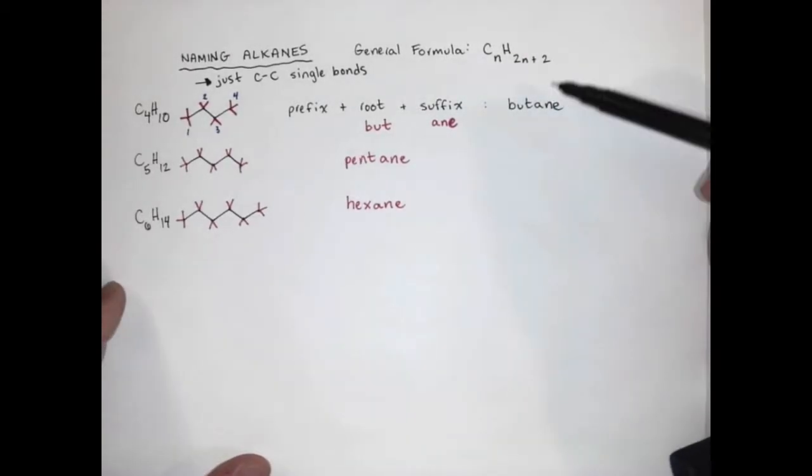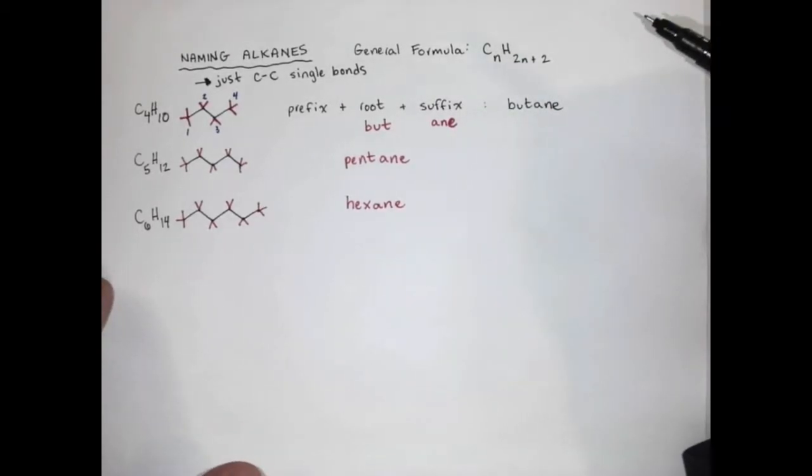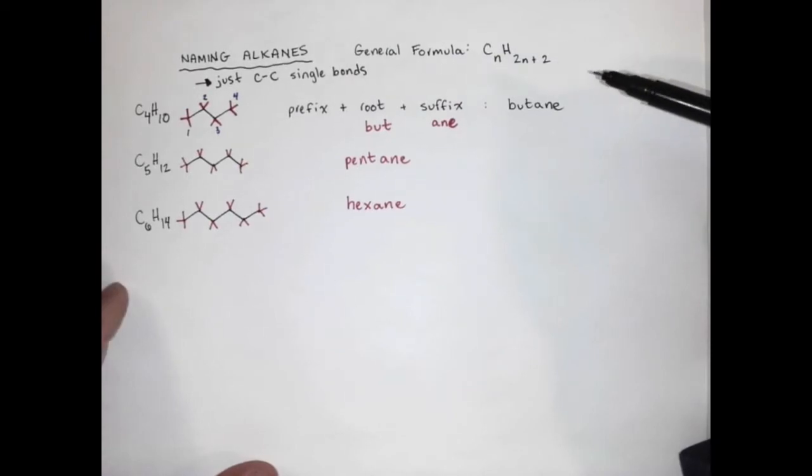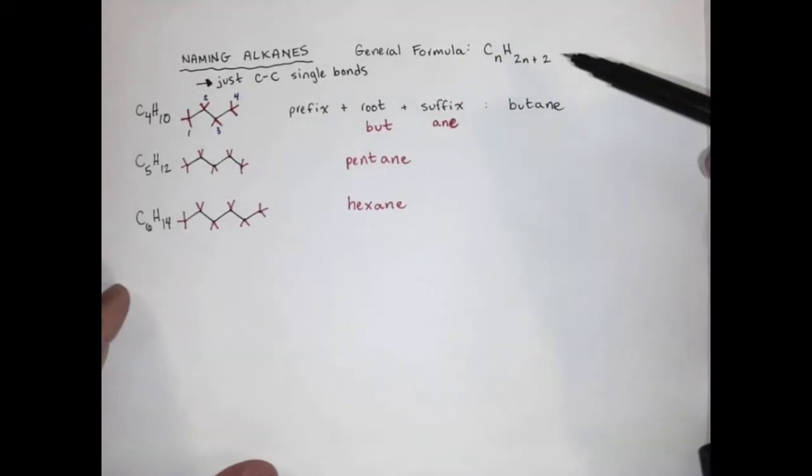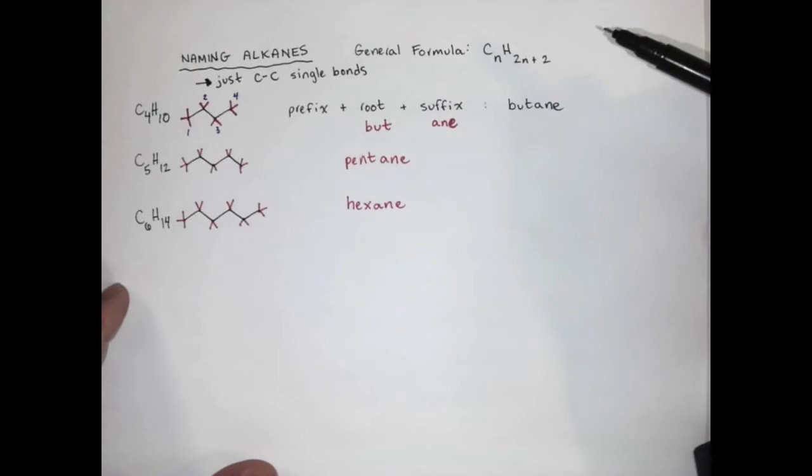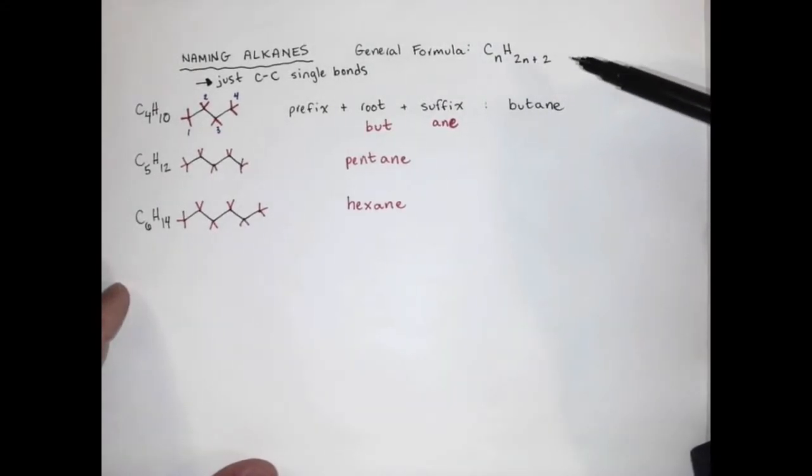They're a really good thing to pay attention to, and they can really accelerate your thinking and your analysis of organic compounds. So that's why I'm showing it to you now, and I'm going to show you general formulas for alkenes and alkynes and cycloalkanes. They're going to come up quite a little bit more.